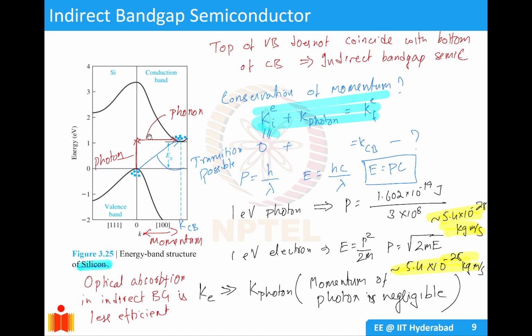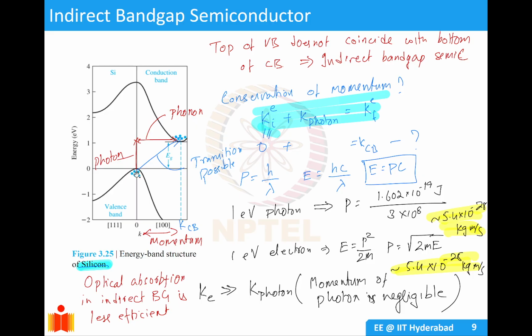And if the top of the valence band and the bottom of the conduction band are not at the same k point, then it is called an indirect band gap. And there, although there is a possibility of transition, it requires a change of momentum, and this change of momentum is given by something called a phonon.